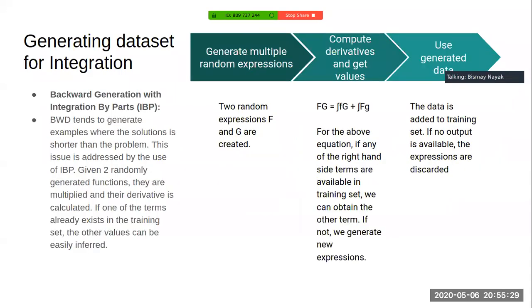Now there is another method that was used to generate the data set for integration. What happens in the previous backward generation method is that the probability of randomly generating a long sequence is really low. So when the random expression generator of the authors generates these expressions, they tend to be simpler than what is needed.